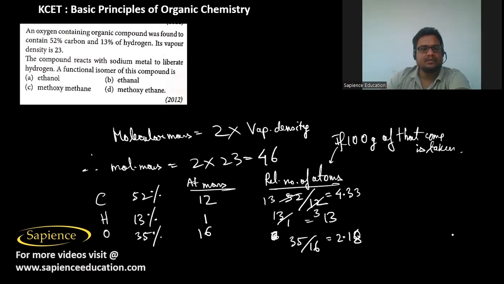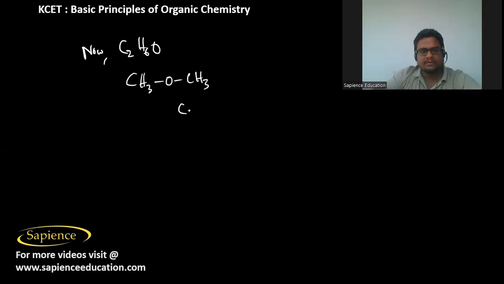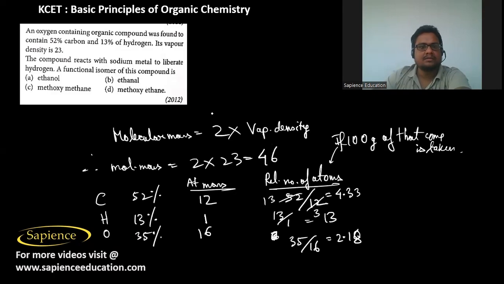And it reacts with sodium to liberate hydrogen. Now, C2H6O, we can have CH3OCH3, or we can have CH3CH2OH.